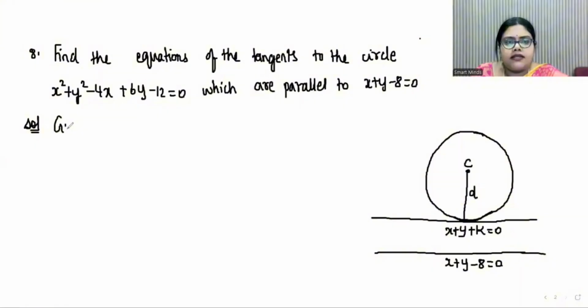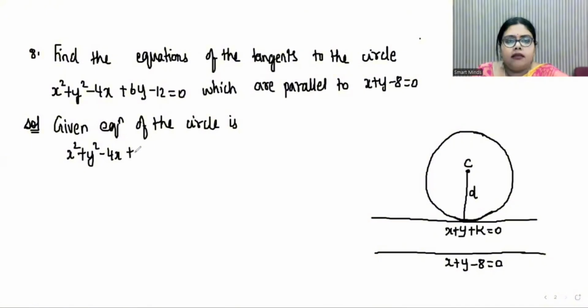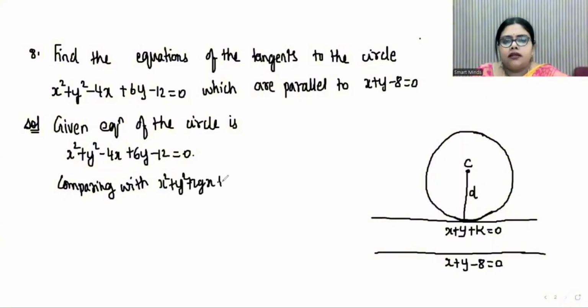So first let us see what is the given equation of the circle. Given equation of the circle is x square plus y square minus 4x plus 6y minus 12 is equal to 0. Now comparing with the general equation, x square plus y square plus 2gx plus 2fy plus c is 0.